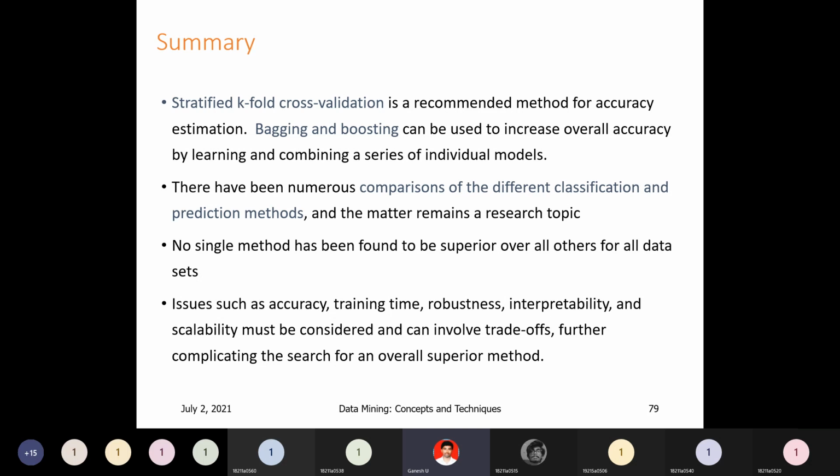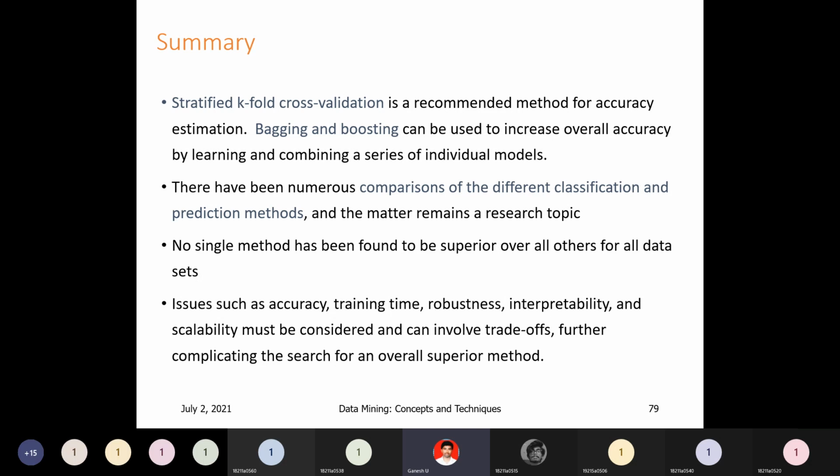Decision tree understanding is very easy. The naive Bayes algorithm is a little bit more complex than the decision tree. But back propagation is very difficult compared to the previous two. The interpretability is also very important. Why?